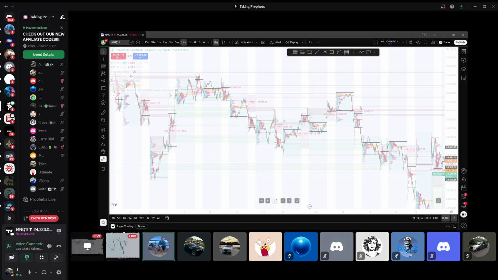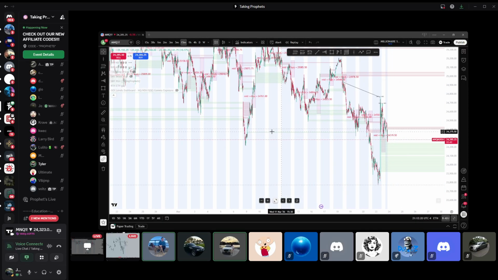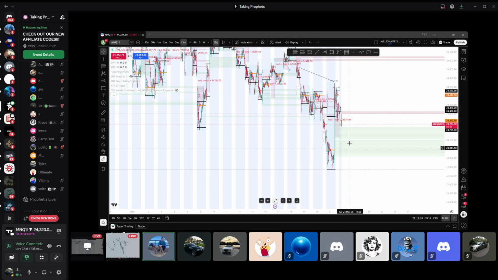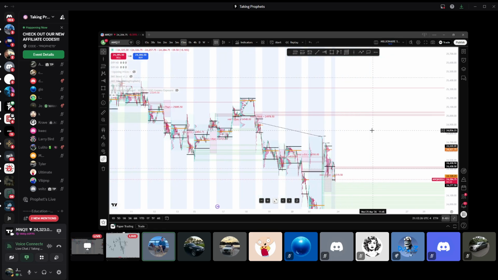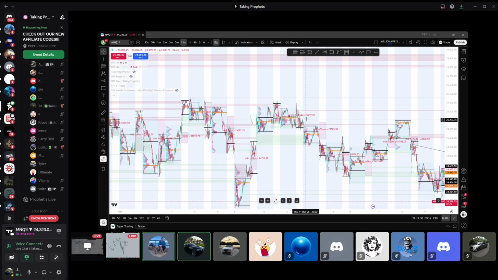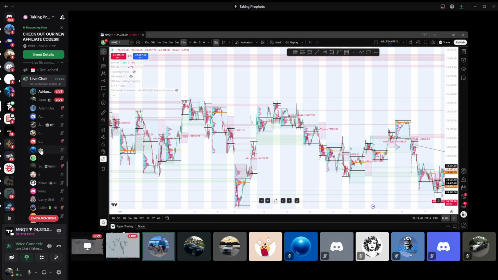And obviously the higher the time frame, the bigger the bar, the bigger the imbalances. You can see here's the fair value gap, and this is all news. That way it's like, oh, we tapped back into an imbalance, we pushed away, that imbalance holds. So it's definitely helpful for sure.